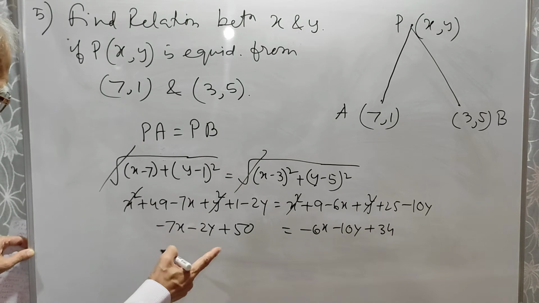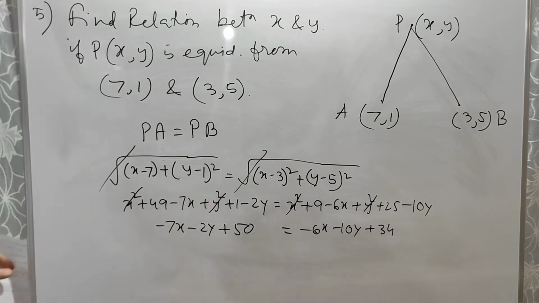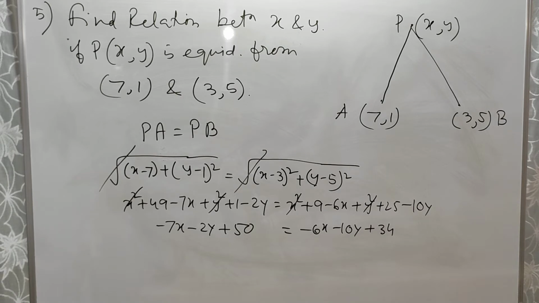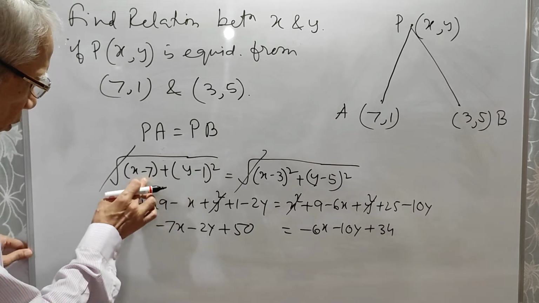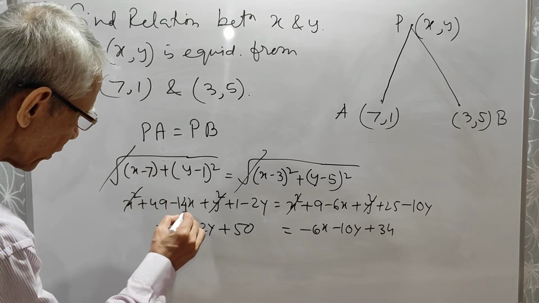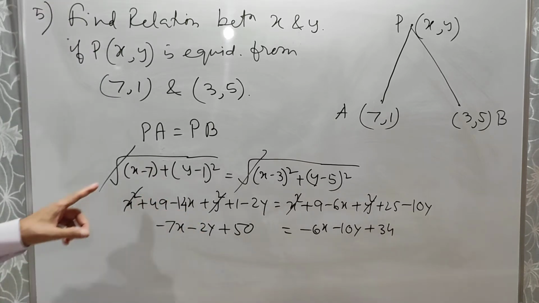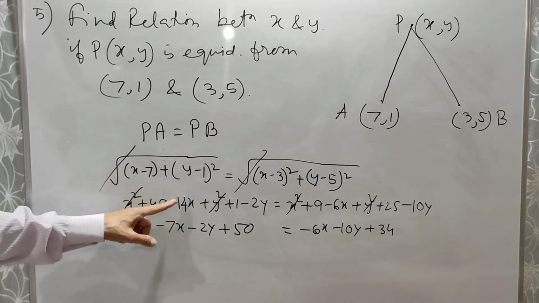Then, oh, this is not 7x, this is 14x, because 2 into 7 is 14x. So x square plus 49 minus 14x.